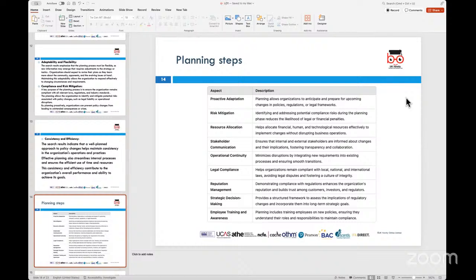You would also look at certain things like risk mitigation. Now, risk mitigation is looking at potential risks or problems that you could face when you're looking at expanding the remit of health and safety arrangements within an organization.